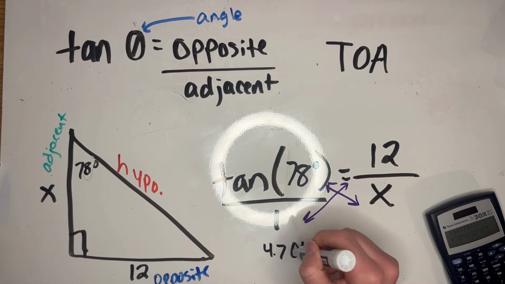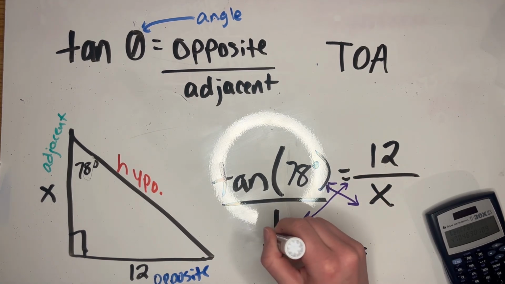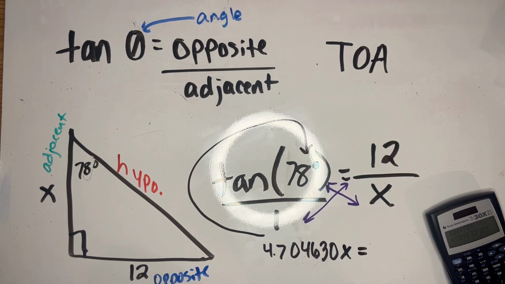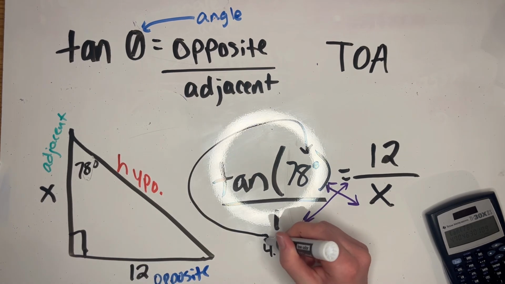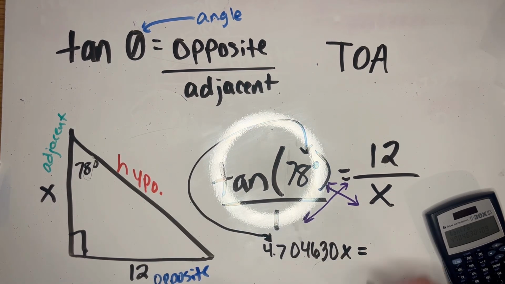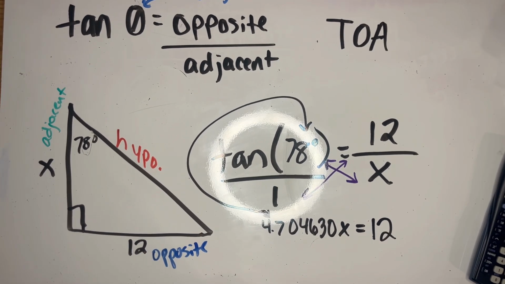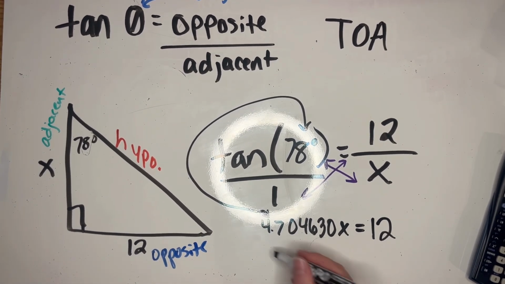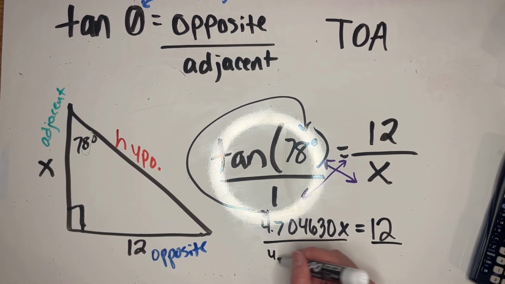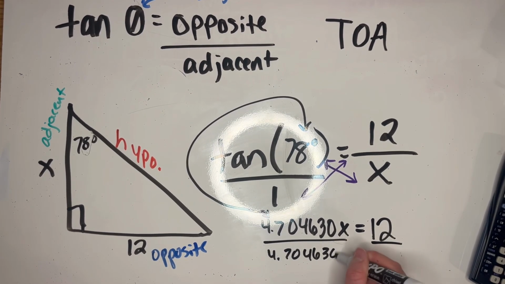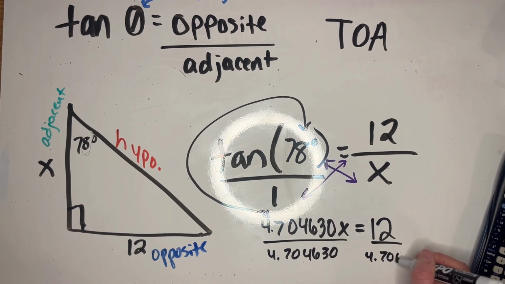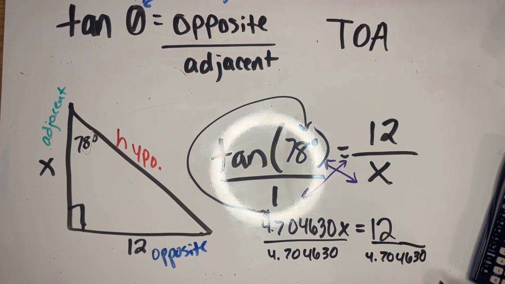So this is this. These are the same values here. Equals 12 times 1, which is 12. So we want to get x by itself. So we're going to divide both sides by the 4.704630. Both sides.